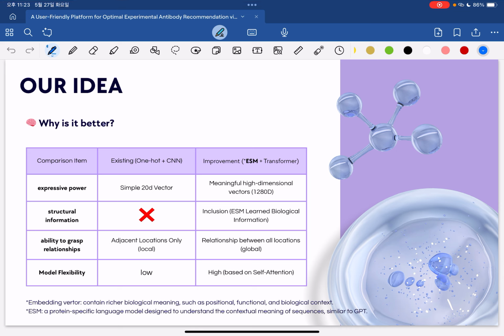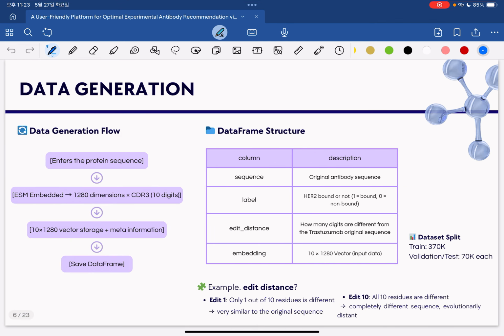Transformers, based on the self-attention mechanism, can learn relationships between all positions in a sequence simultaneously. With such rich, high-dimensional input, transformers can learn patterns more precisely, potentially leading to improved classification performance.